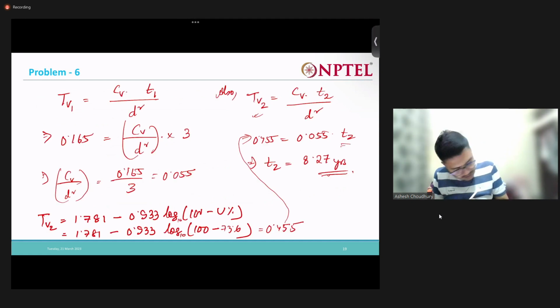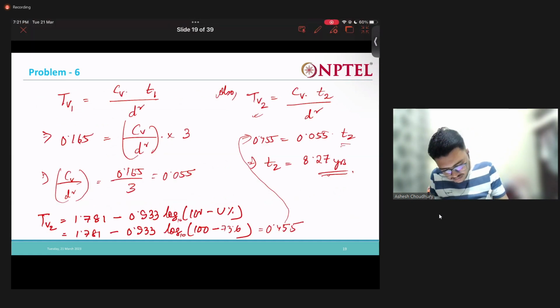This one should be 0.175, not 165. So our values will change actually.